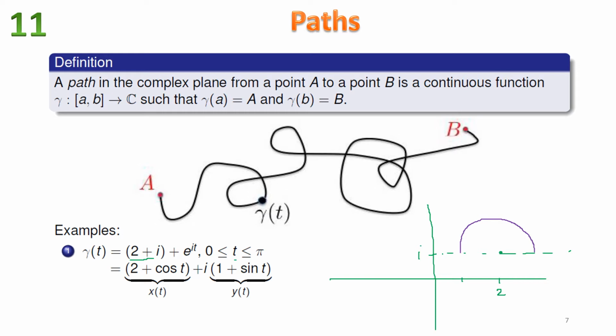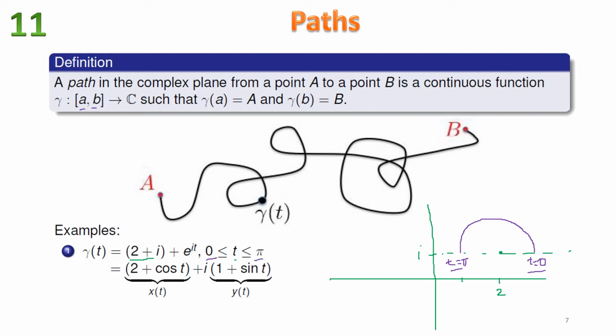So this is pertaining to t equal to 0, and this is pertaining to t equal to pi. So obviously here we are talking about interval from A to B, that is from 0 to pi, which is designated here 0 to pi.